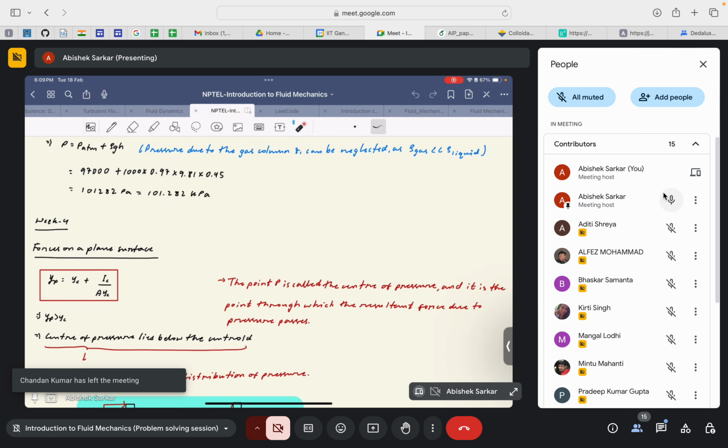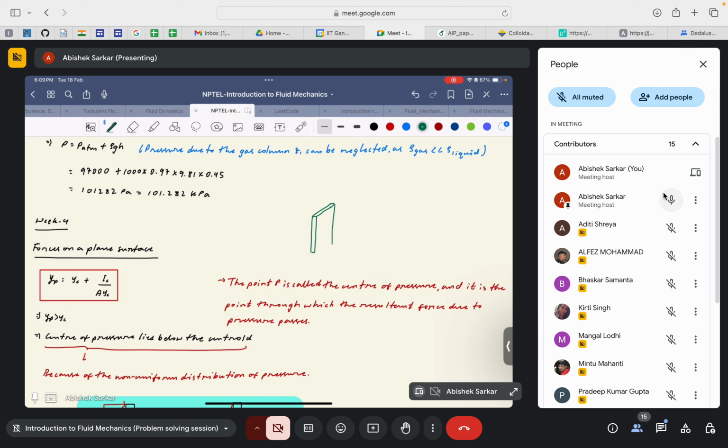For example, let me take a case, say this is a flat plate. This would be the 3D shape, and this is submerged in a fluid. Let me consider this as a free surface.